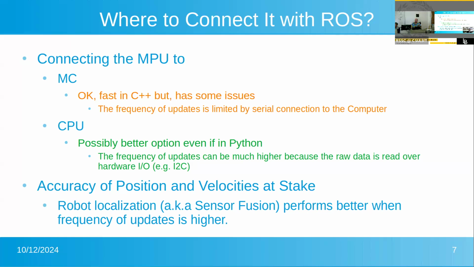In other words, like I²C, because in this case, the IMU is plugged into the Raspberry Pi, then the Raspberry Pi has an I²C hardware I/O, and that is not limited by the lower bandwidth of a serial connection. It's a relatively high speed connection directly to the CPU, from the I/O ports on the Raspberry Pi. So in this case, it's a possibly better choice.